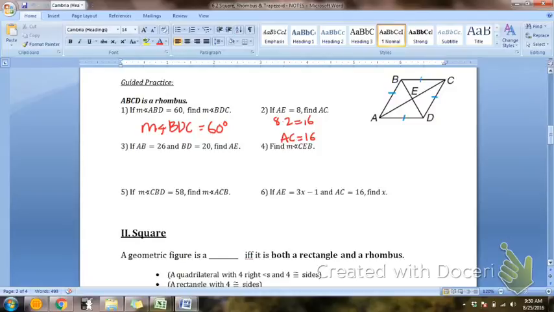Okay. Number 3 says AB is 26. So let's label our diagram. AB is 26. BD is 20. So this whole thing out here is 20. Find AE.